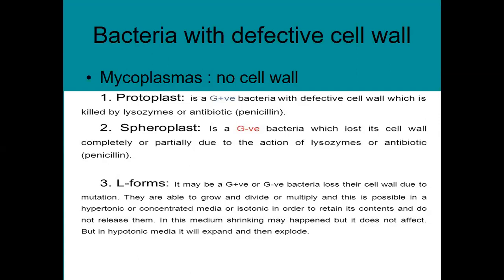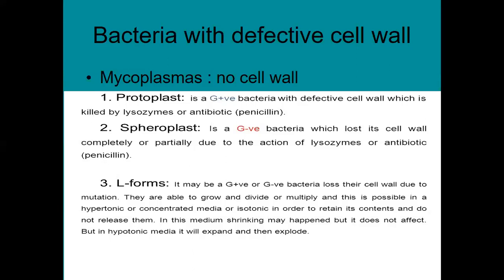L forms can be gram-positive or gram-negative bacteria that lose their cell wall due to mutation. They are able to grow, divide and multiply, and this is possible in a different type of media. In a medium they shrink, and that form of the bacteria is called the L form of bacteria.